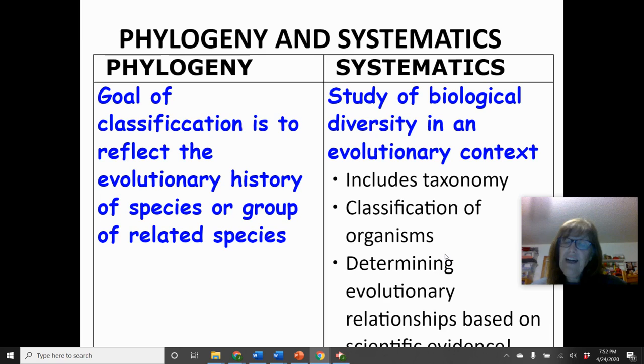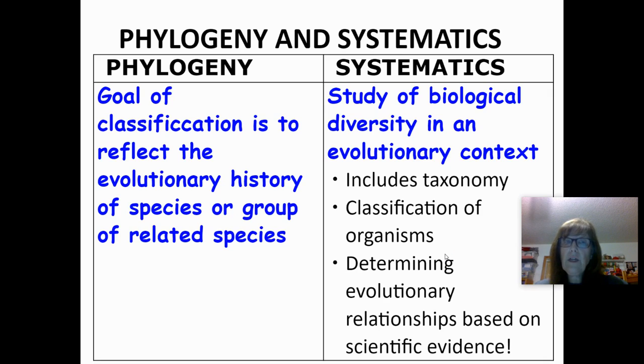All right, so when we talk about the classification of organisms, we can also look at their phylogeny and we can look at their systematics. Phylogeny: the goal of classification is to reflect the evolutionary history of a species or group of related species. So when we talk phylogeny, I've been mentioning a couple times about phylogenetic trees.